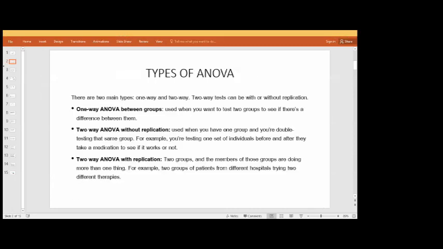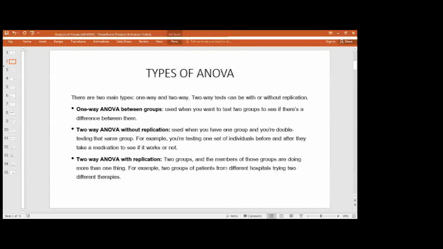So one-way ANOVA, the simplest, can be thought of as a generalization of the two-sample t-test. One-way ANOVA involves testing the omnibus hypothesis that K population means are identical. First I will clarify the concept of mean.